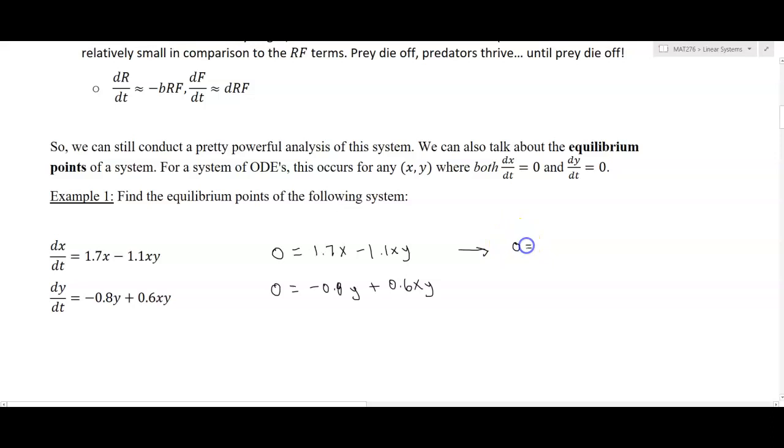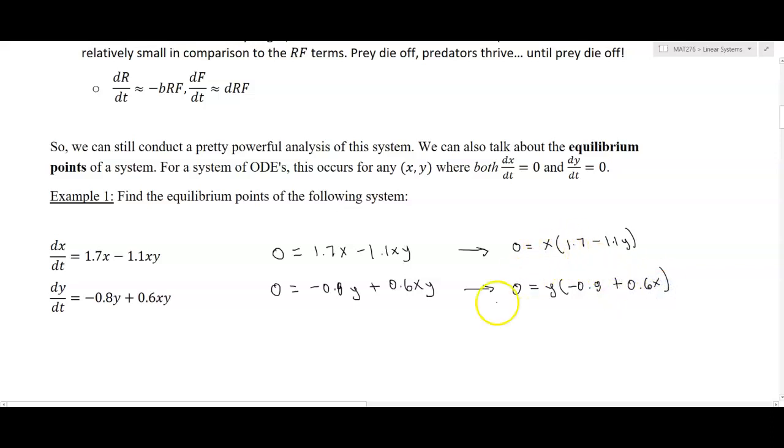But one thing I can do is factor out an x from the first equation, and that leaves me with 1.7 minus 1.1y. And I can do something similar for the second equation. I can factor out a y and make this y times negative 0.8 plus 0.6x.